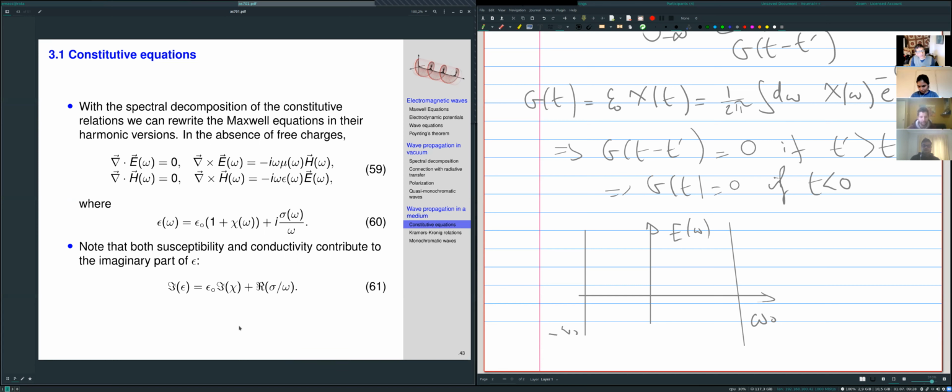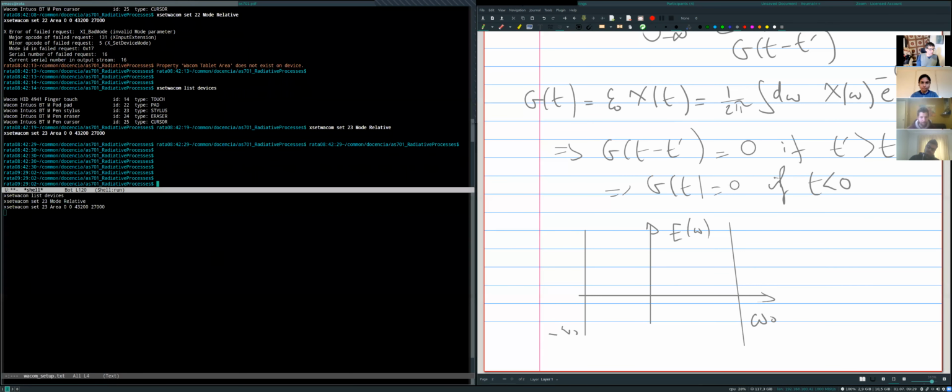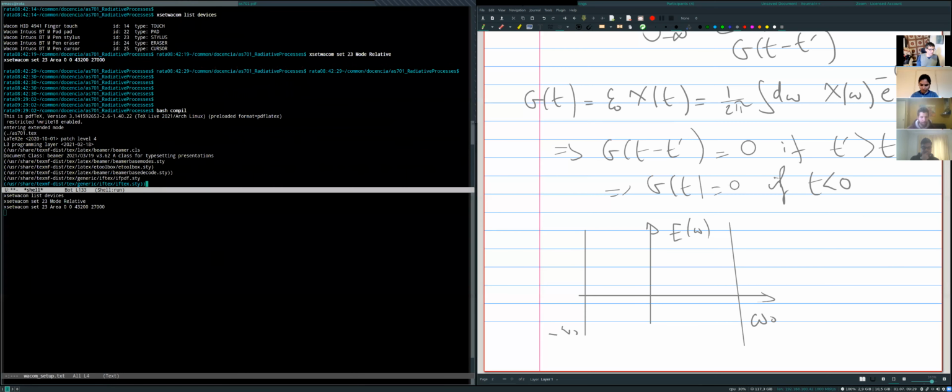Now let's go back to the Maxwell equations. So we can write. Sorry, I think I added a homework here because I think it's necessary for you to do this development.